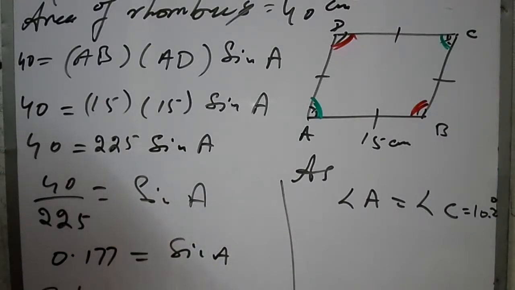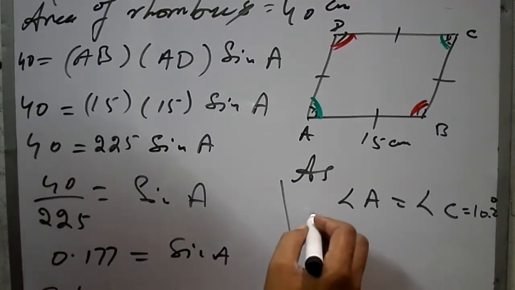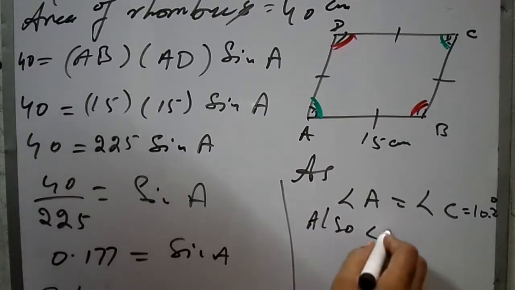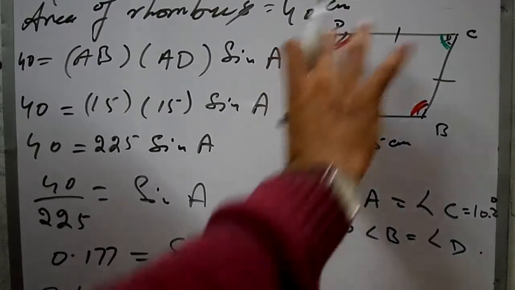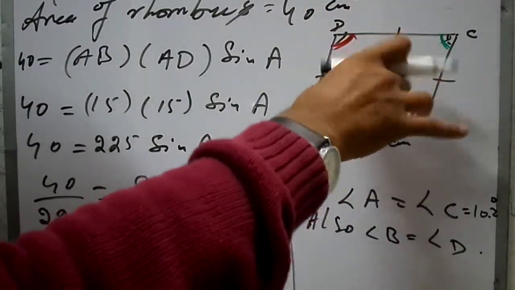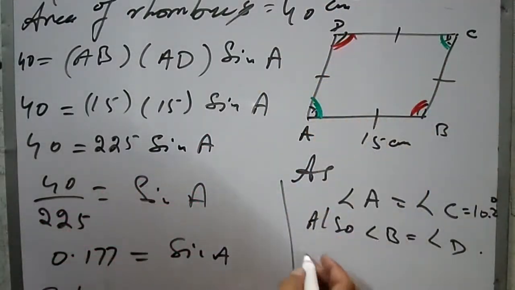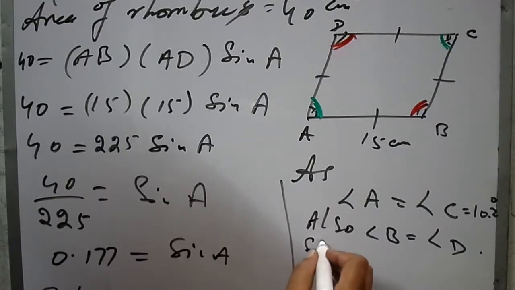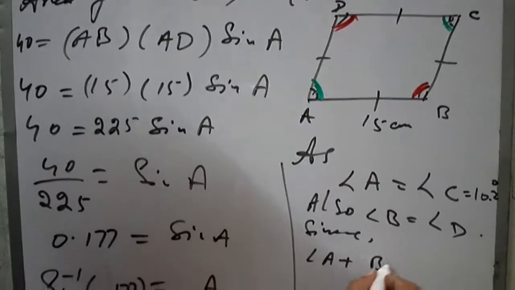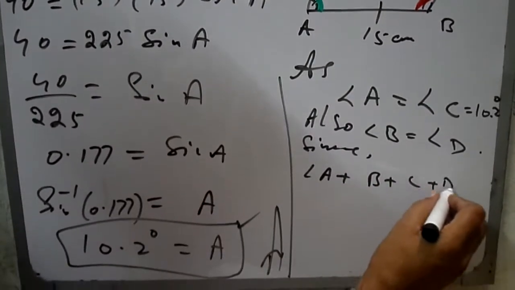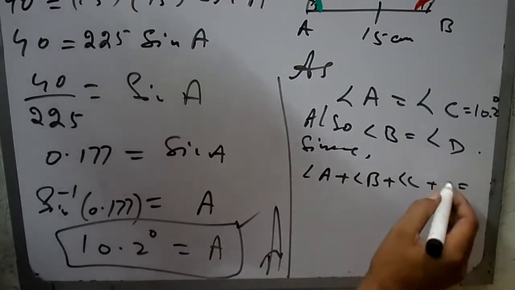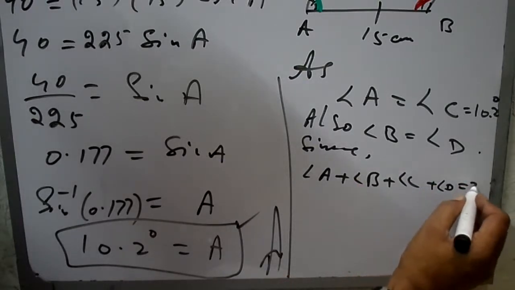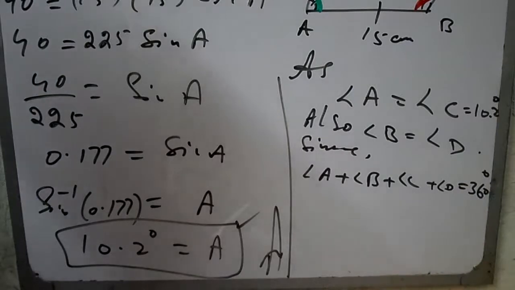Now B is equal to D. Also angle B is equal to angle D. But the sum of interior angles is equal to 360. So angle A plus B plus C plus D is equal to 360 degrees.